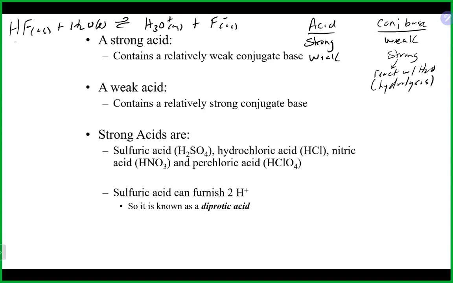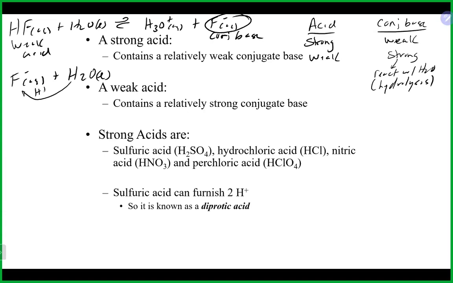And this is our weak acid. This is its conjugate base. So this conjugate base of F minus is relatively strong in the sense that it can actually react with water. And when it reacts with water, it will take an H plus and it will form hydrofluoric acid and it will form hydroxide. This reaction here, which we're not going to go into great detail about, is what is known as a hydrolysis reaction.